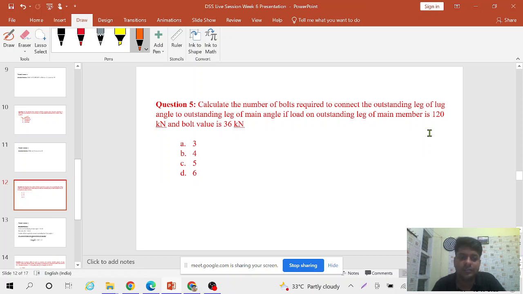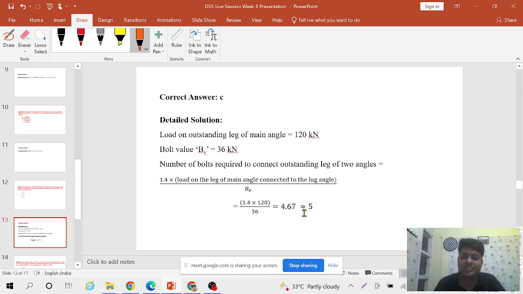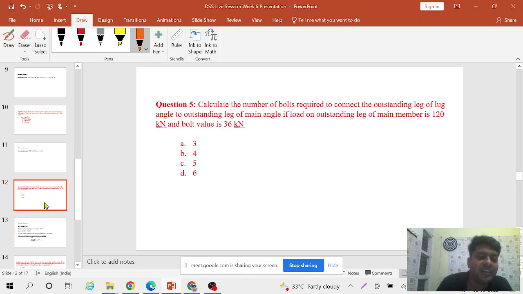168 divided by 36 is 4.67, which means 5. Yes, correct. So see, Shivam, and all of the students who are preparing for competitive examinations, questions will be asked simply, but you have to understand the concept behind that.